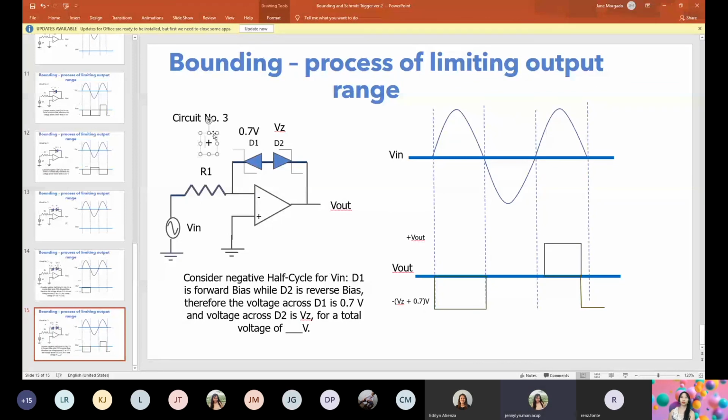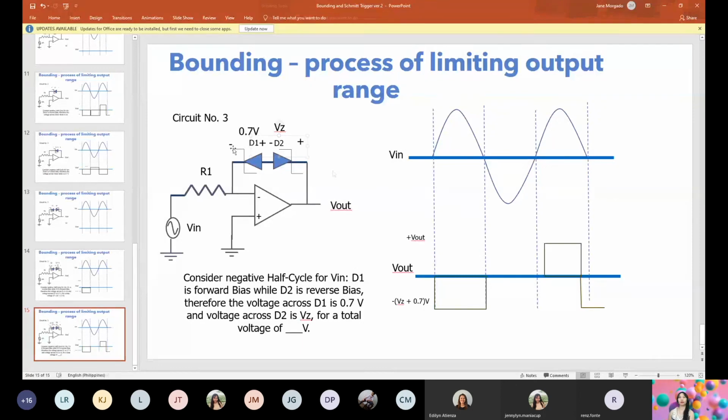Okay, anode, and of course the negative is at cathode. How about for D2? Where is the positive? Cathode. So the positive is placed at cathode, whereas negative is placed at anode. I hope everything's clear.